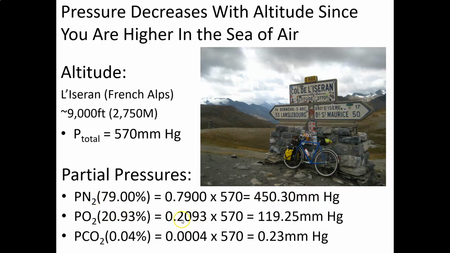For oxygen, 0.2093 times 570 is about 119. And for the CO2, the 0.04 percent, again 0.0004 times 570, is 0.23. These are important because it's the partial pressure that drives gases. If we have less partial pressure, we have less drive to move gas.